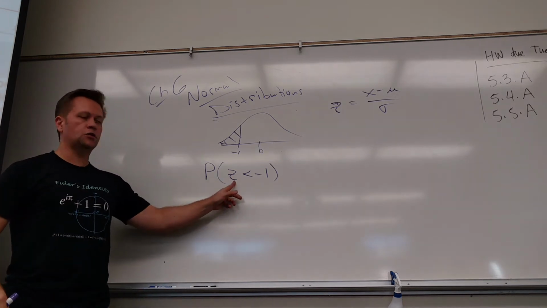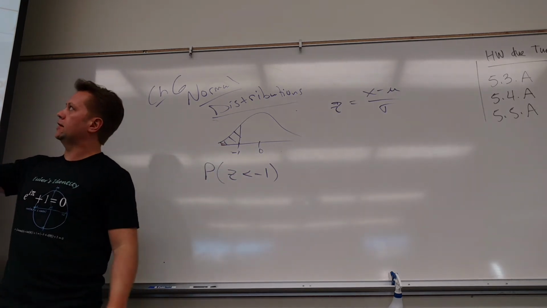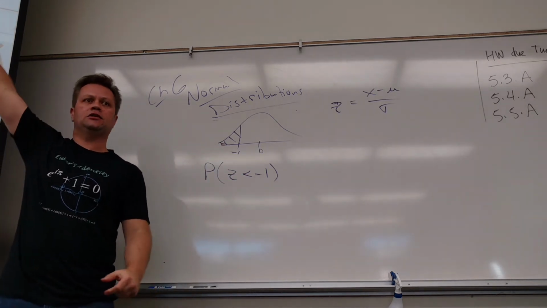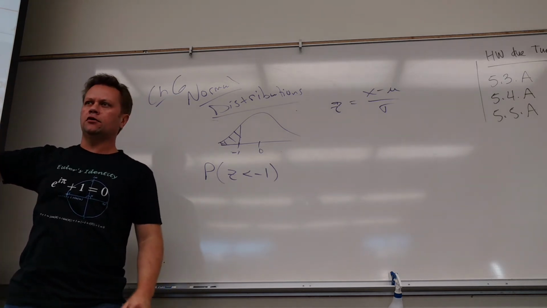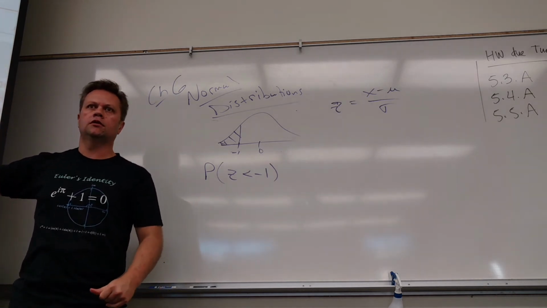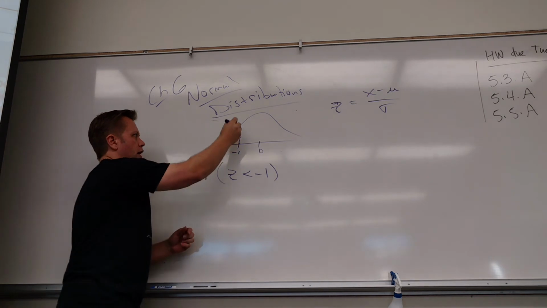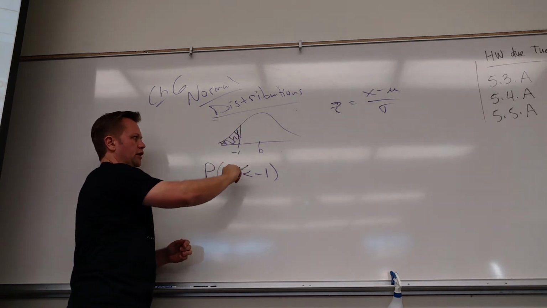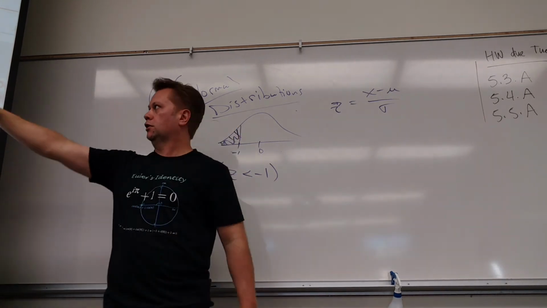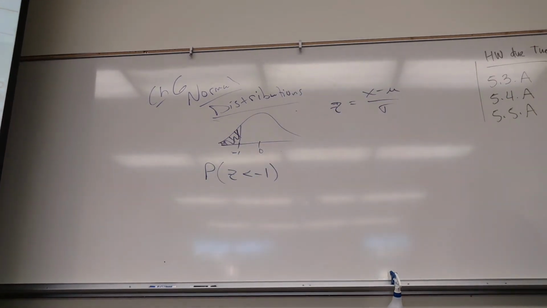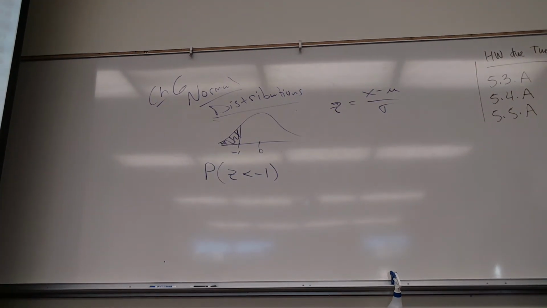If they give me z-scores, I can just look them up, because this is a z-score chart. So I have to know the z-score to be able to use this chart. If I want to know the area below a z-score of -1, I would just look up -1. This is what we did last time, I think. -1.00. So this is how you use it.